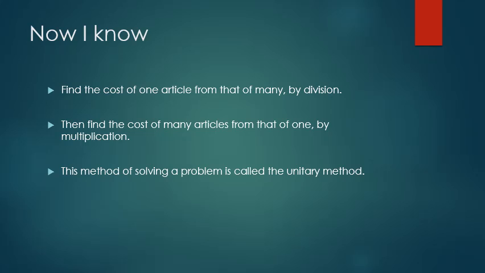To find the cost of 8 bananas, first we divided and found the cost of 1 banana by division. In the second step, we found the cost of 8 bananas by multiplication. So first you need to find the cost of one article through division, and second you need to find the cost of the required quantity by multiplication.